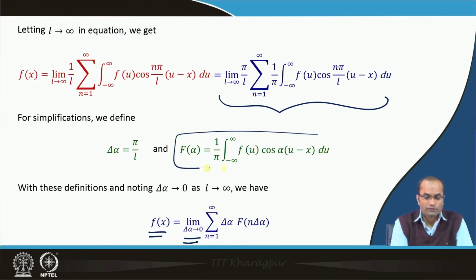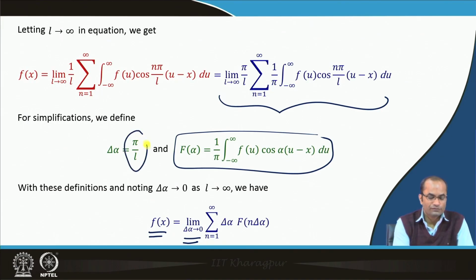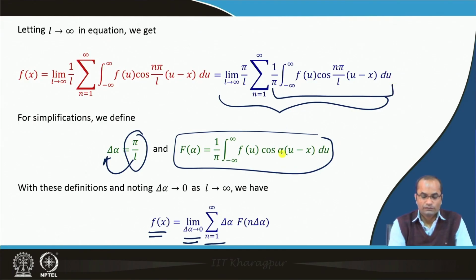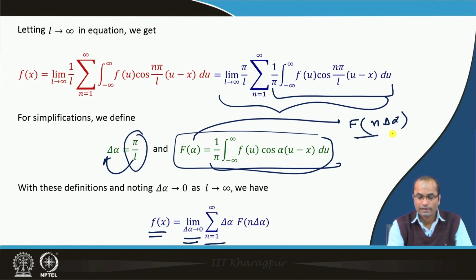we will not see now in this term of this Fourier series, but we have changed this L to this delta alpha. So, this delta alpha will now go to 0 instead of saying L goes to infinity, and then we have the sum n from 1 to infinity. The term here with this integral 1 over pi and so on, we have this F, indeed F at n delta alpha. F(n delta alpha) is precisely this integral.